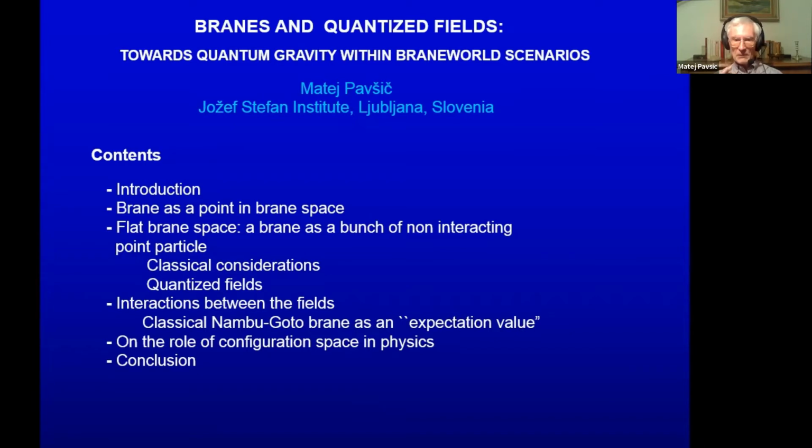First, I will consider the classical case, and then I will consider quantized fields. If we introduce interactions between the fields, then for a particular interaction, we obtain the classical Nambu-Goto brane as an expectation value.